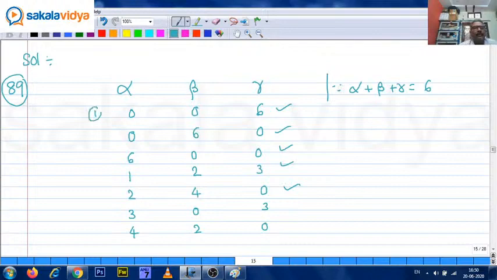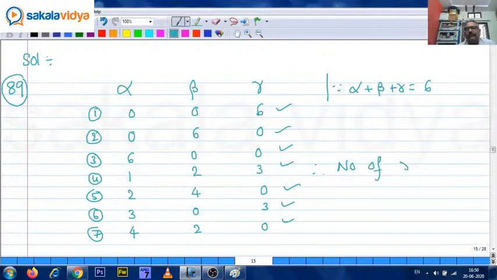This is 1, 2, 3, 4, 5, 6, 7. Therefore, the number of rational terms is equal to 7. 7 is the answer. Okay.